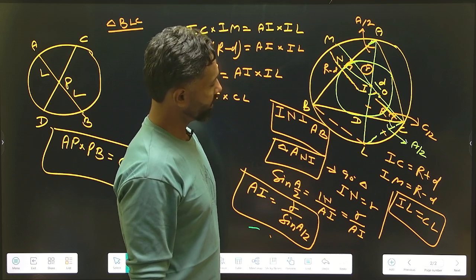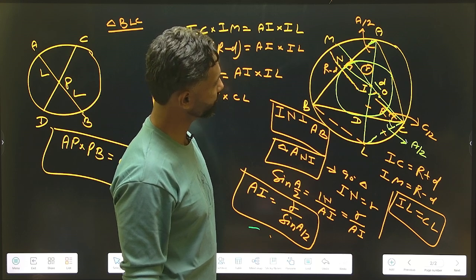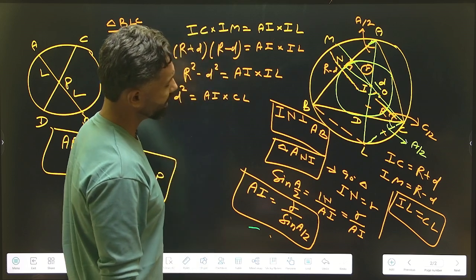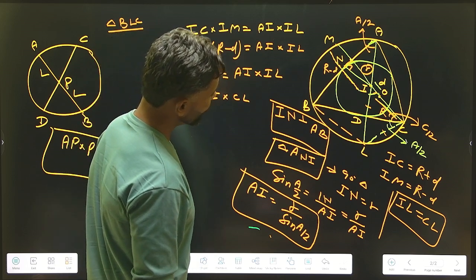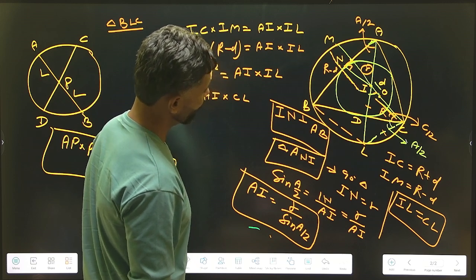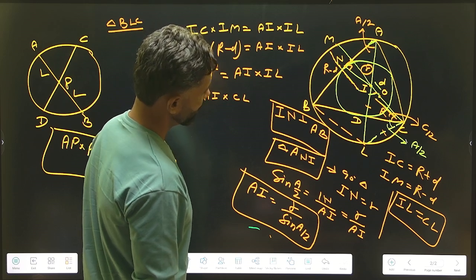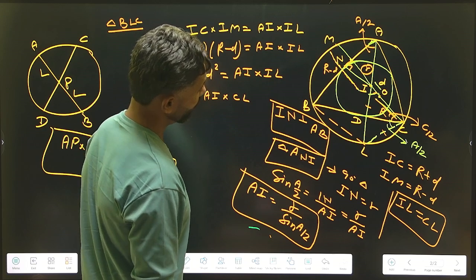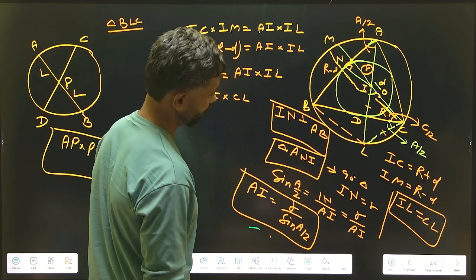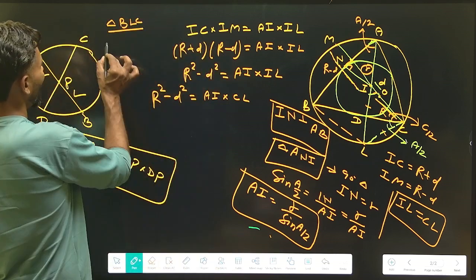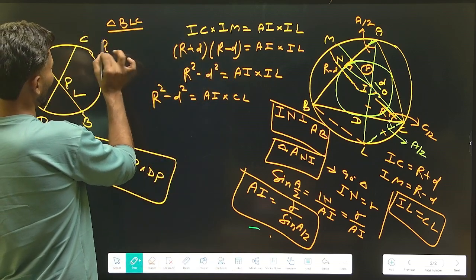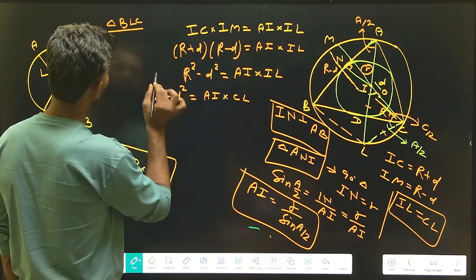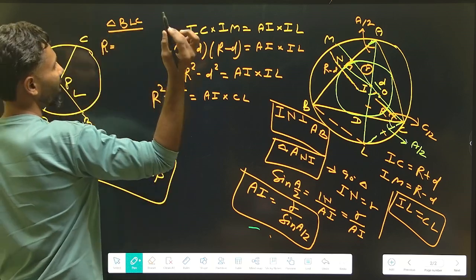When one side and an angle are given, we can calculate the circumradius of the triangle. So circumradius R will be equal to, what is the formula when one angle is given?